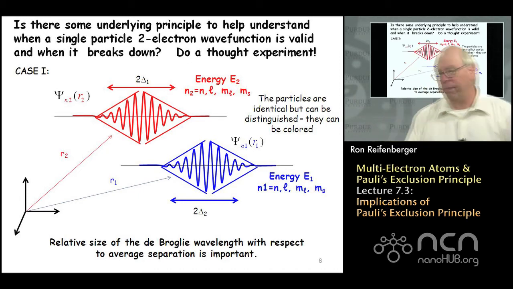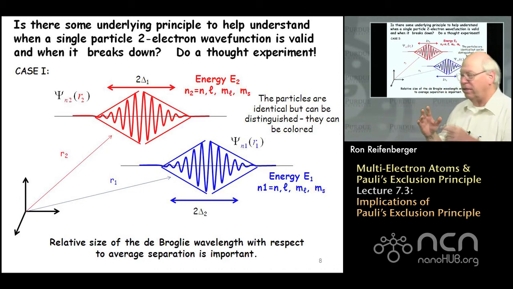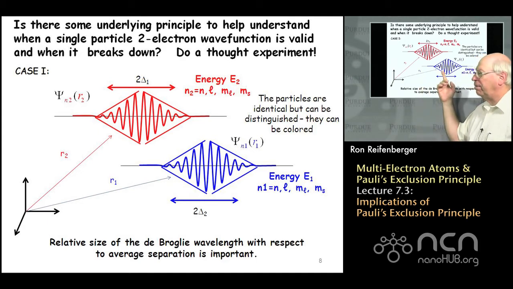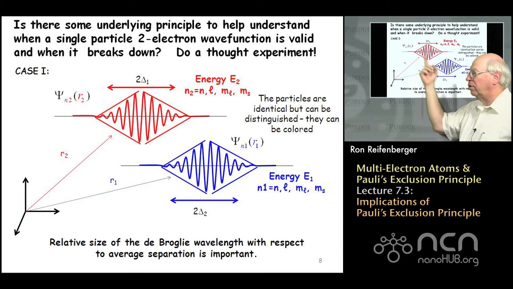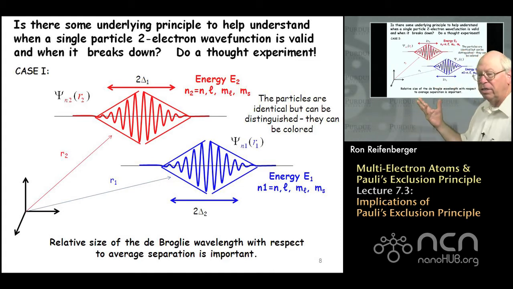What do I mean by that? That just means that the separation between R1 and R2, if these are the wave functions that represent the two particles, is greater than the de Broglie wavelength of those particles, so you can distinguish them.